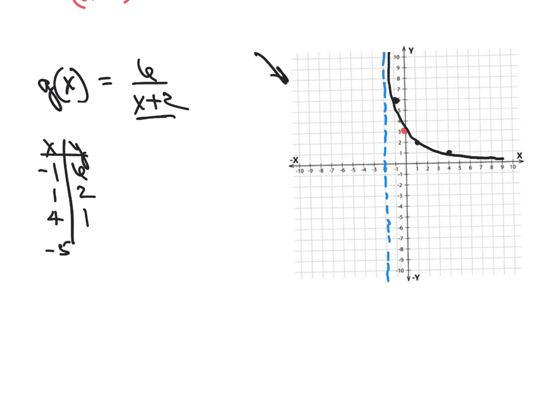Put in a -5, it gives me a -2. Put in a -3, then I get a -6. Okay, and really once I have that and I know what this graph looks like here, it's pretty much easy to draw this graph because I know it's not going to cross the x-axis or the blue line, and I can just kind of make a copy of it over on that side. And that's it for 5.5.